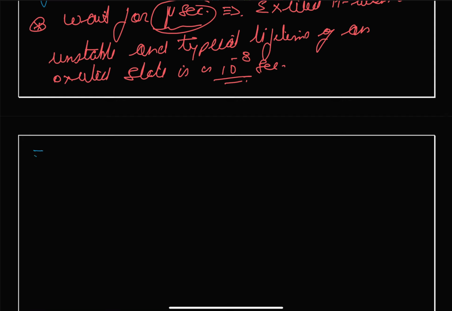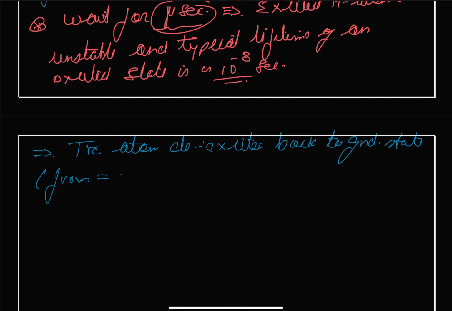So from here we can say the atom de-excites back to the ground state, from n equal to 2 to n equal to 1, emitting a 10.2 electron volt photon.